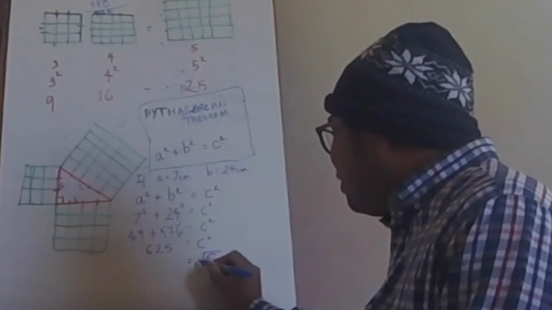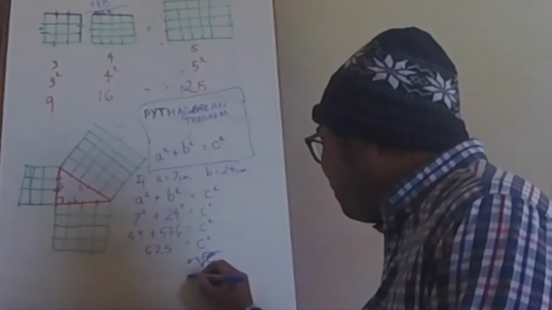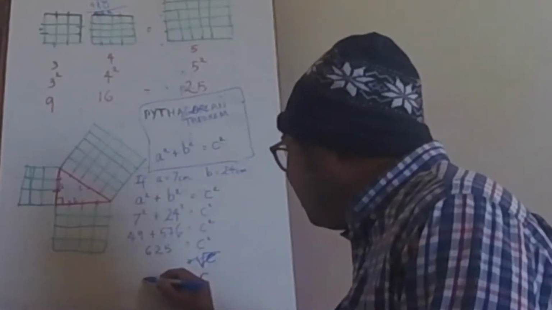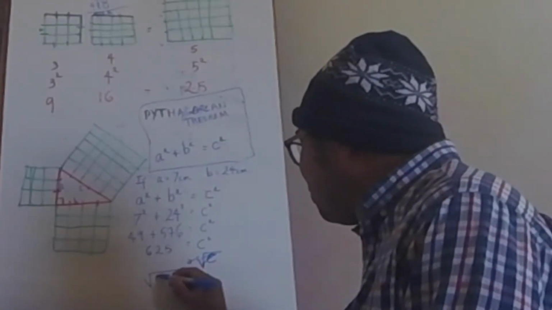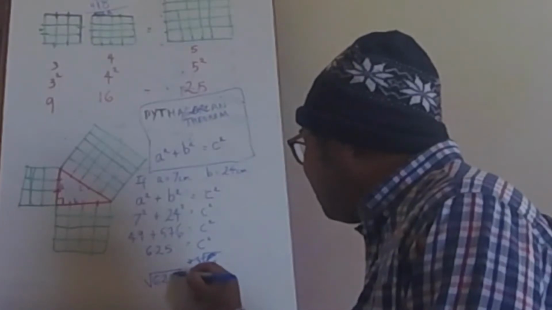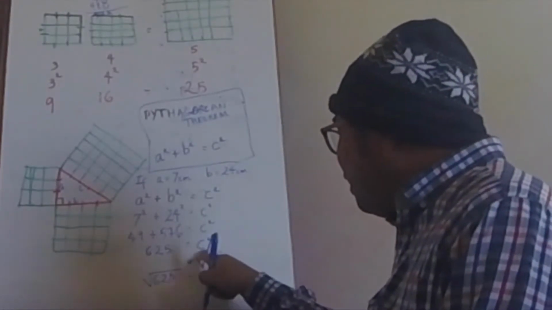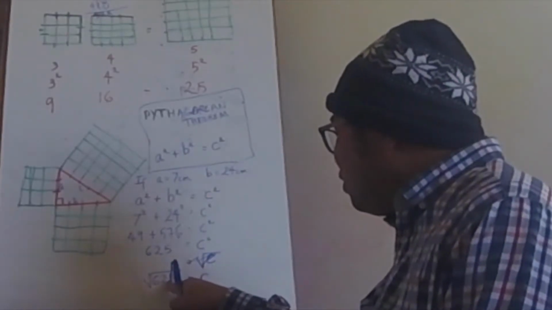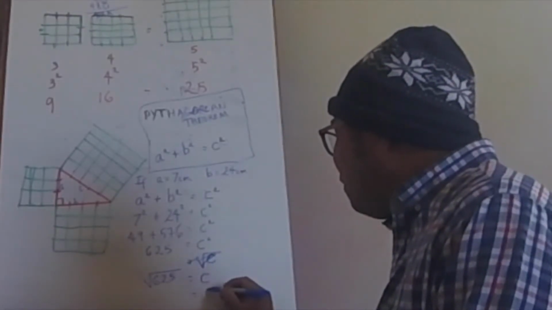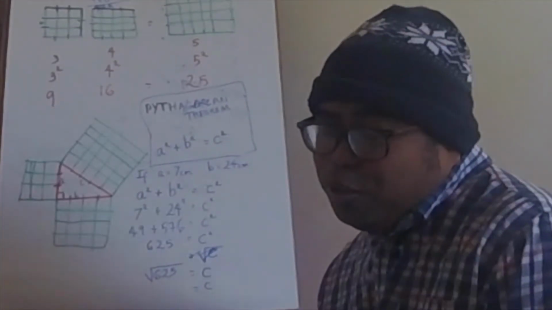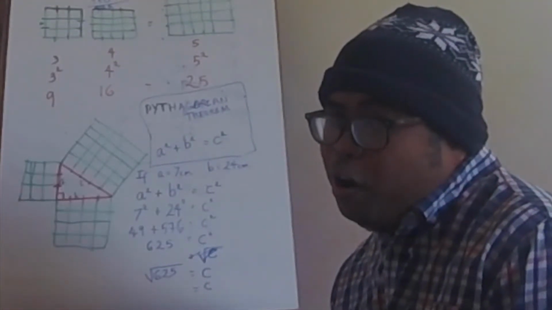Sorry, that's not how to say it. It should be, what is the square root of 625? So what number do you multiply by itself to get 625? 20 times 20 is 400.